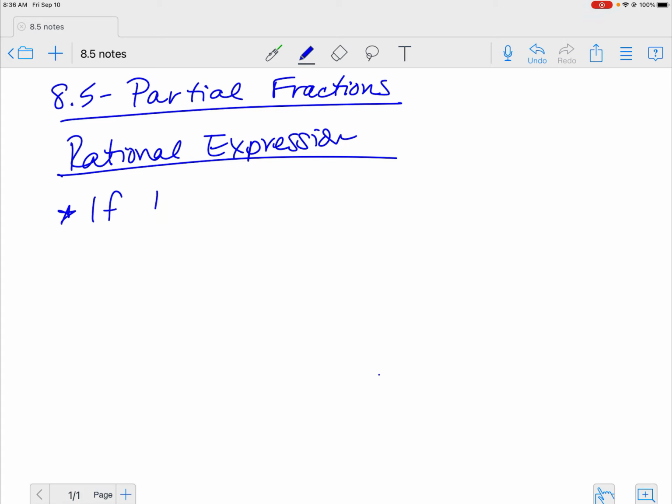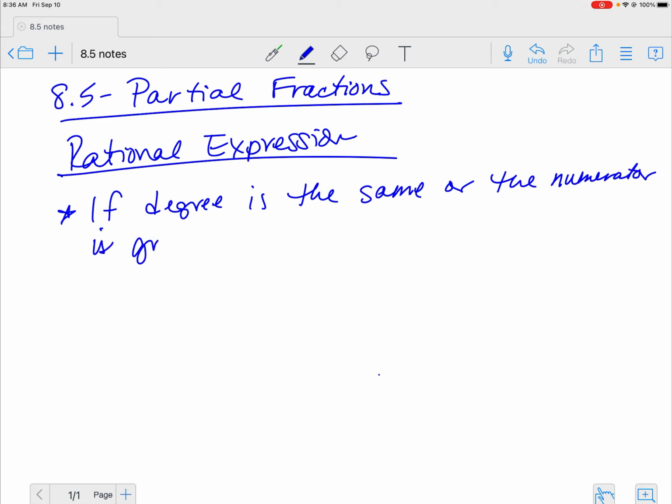If your degree is the same or the numerator is greater, then divide, right? So this is kicking it back to that 8.1 situation again.